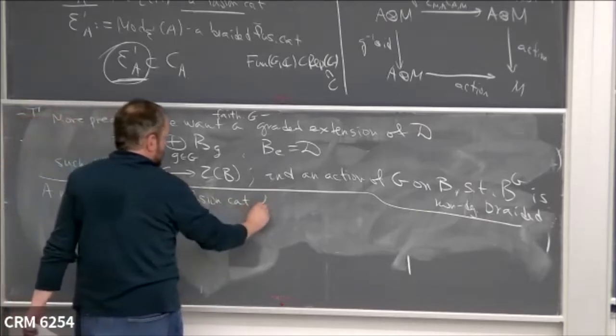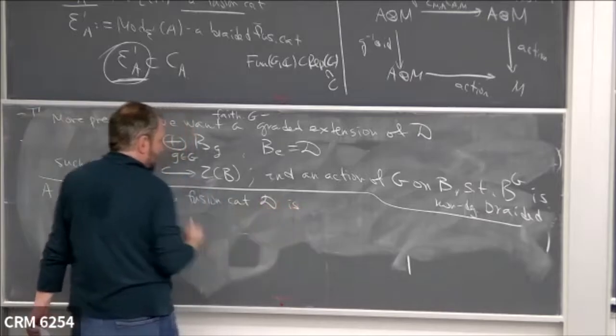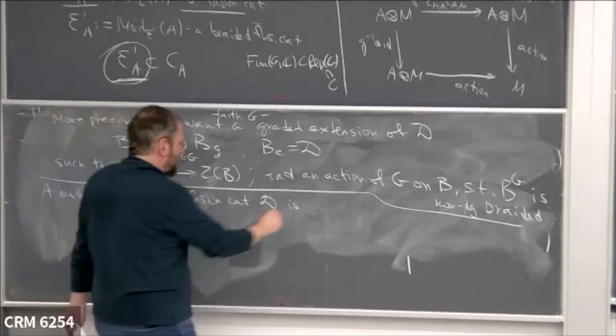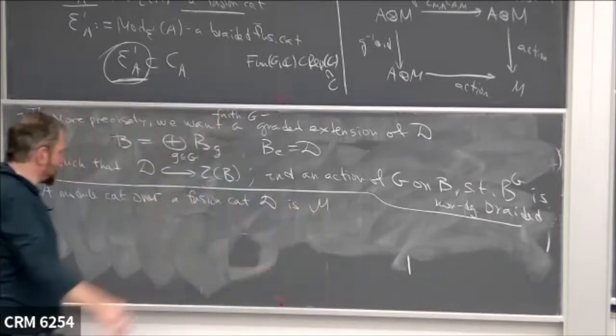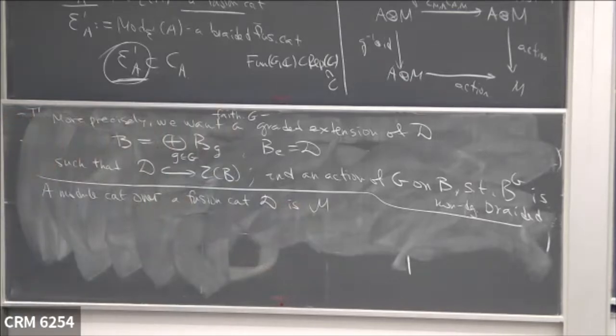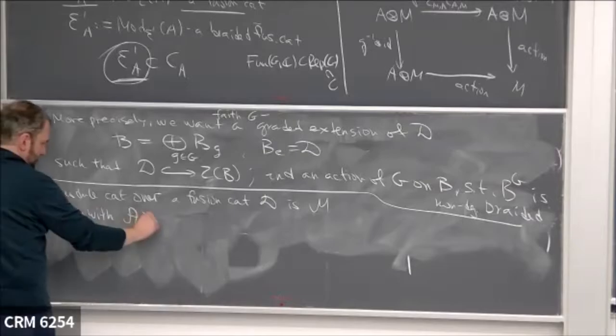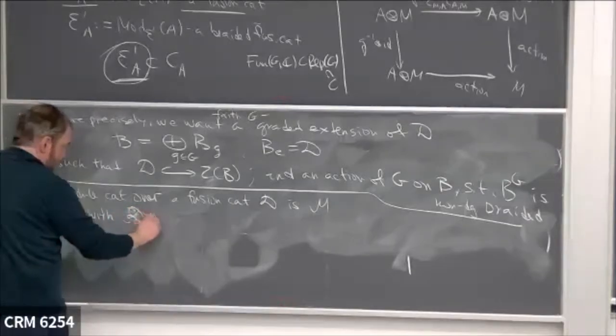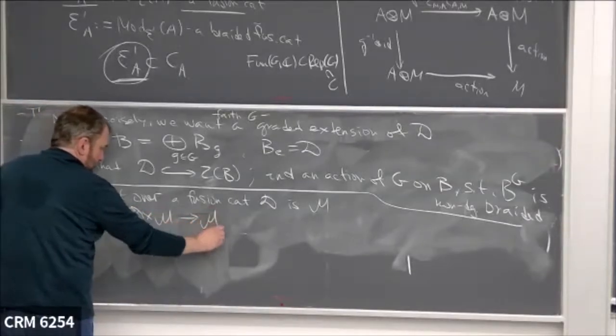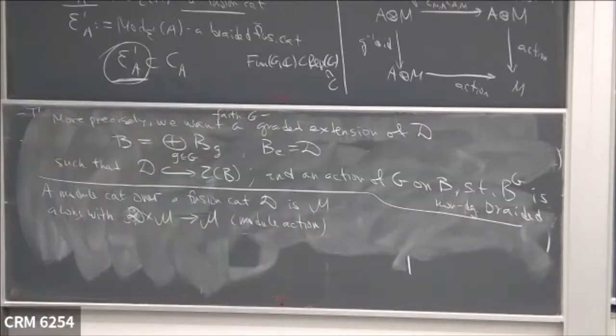A module category over a fusion category D is a category M, satisfying all those things that we usually require, abelian, C-linear, along with a bifunctor, the module action, and associativity constraints satisfying certain coherence.